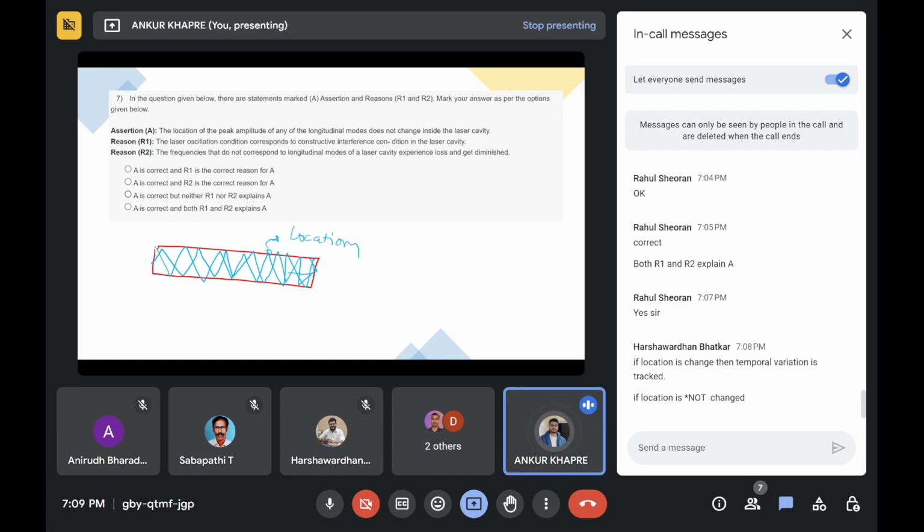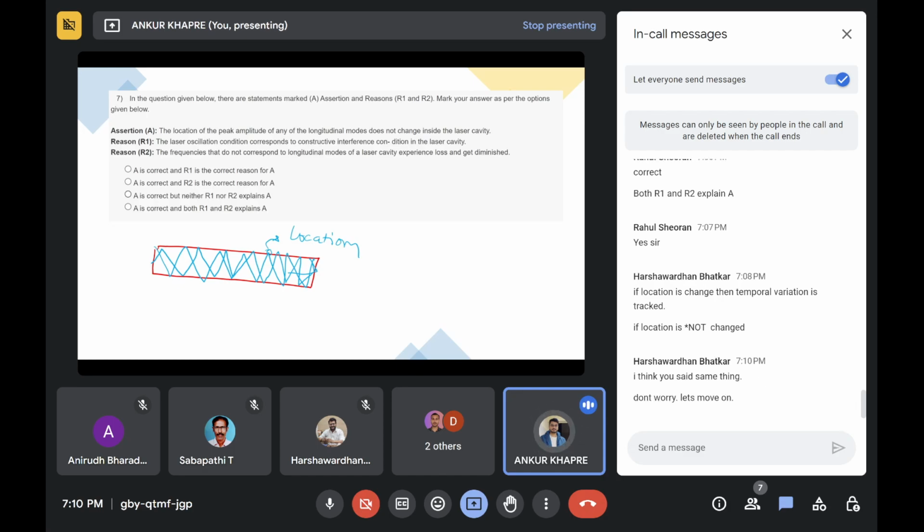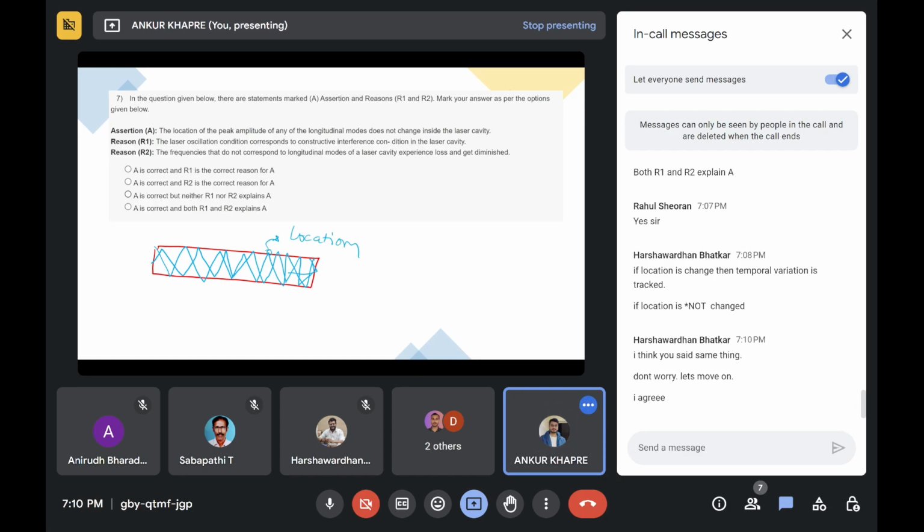Actually, I didn't get your word, whether it is change or not change. So you are agreeing that with time the standing wave's location is not changing. That's it.